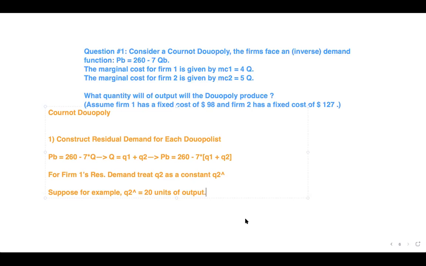Oftentimes the Nash strategy, or the Nash action taken by a player, is referred to as a best response strategy. You're just going to do the best you can given what the other player is doing.